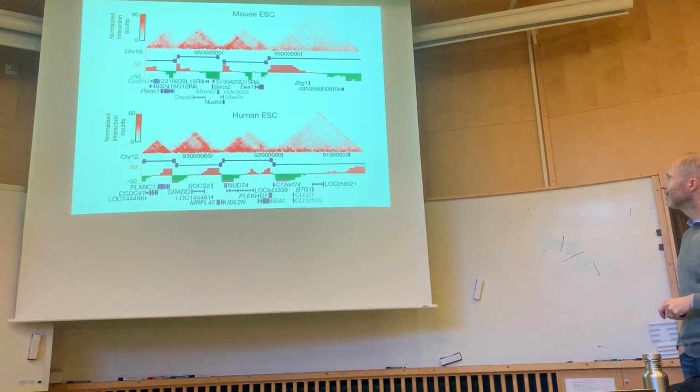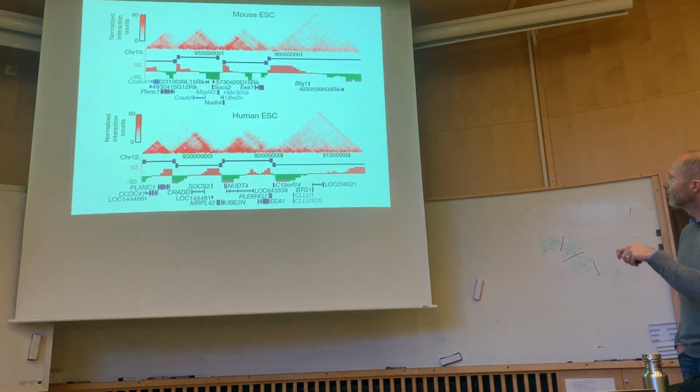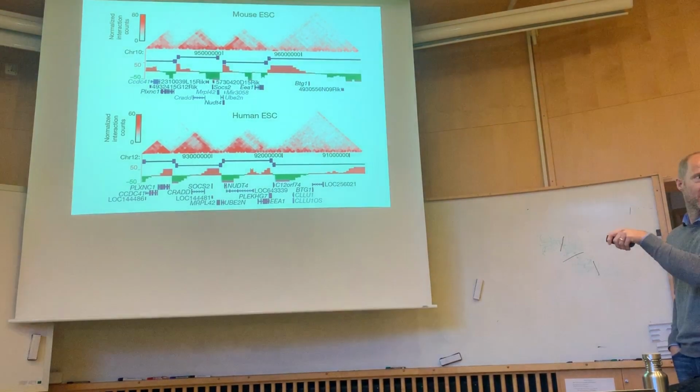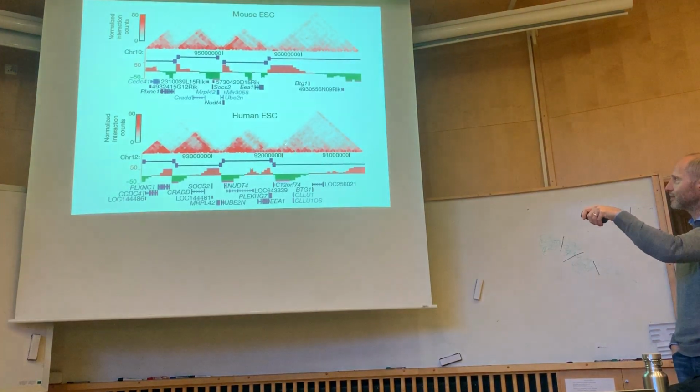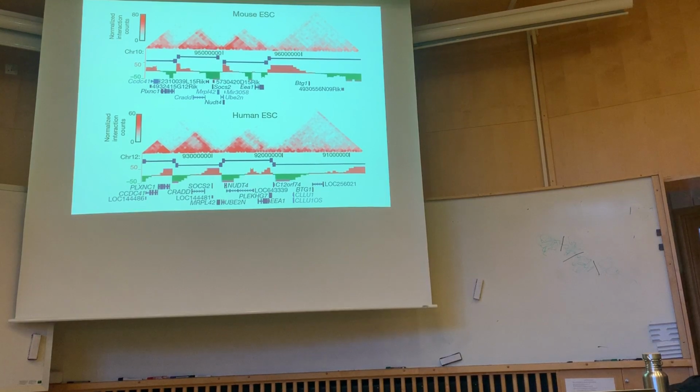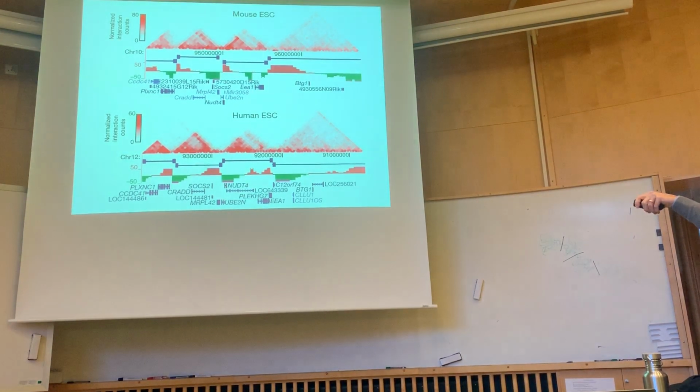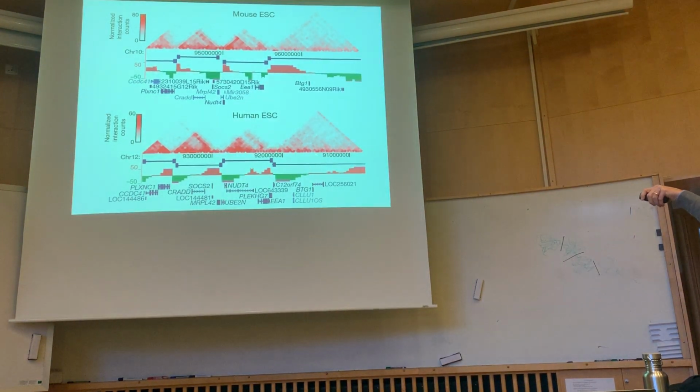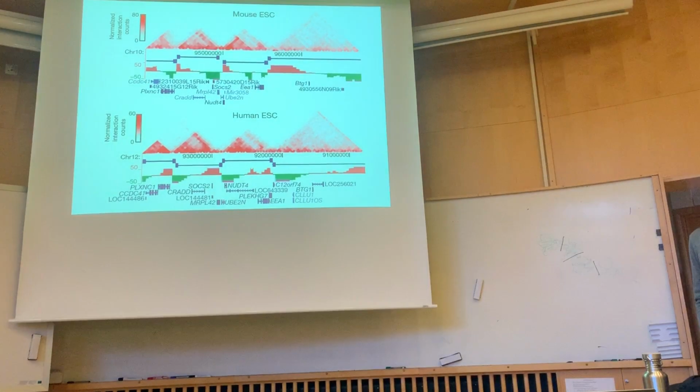You can see it: 1, 2, 3, 4, 5, 6, 1 million. So this is 1 megabase, between the two tick marks. So we would basically not expect any enhancer from here to regulate genes in here, right? If you have a gene here, then the enhancers have to be within that TAD, basically. So that is something that's important for my research.